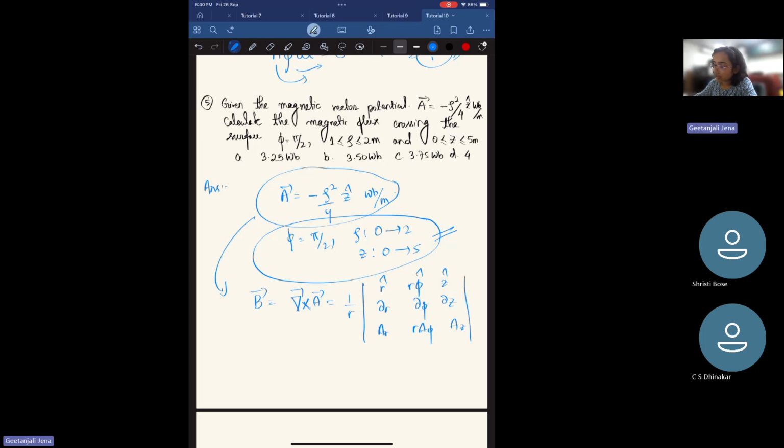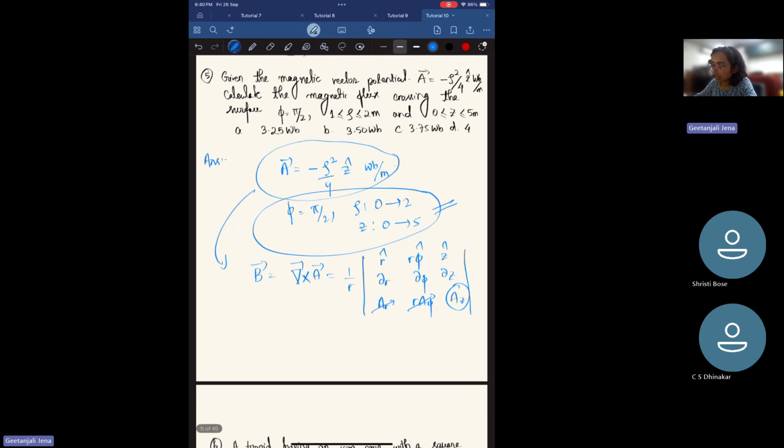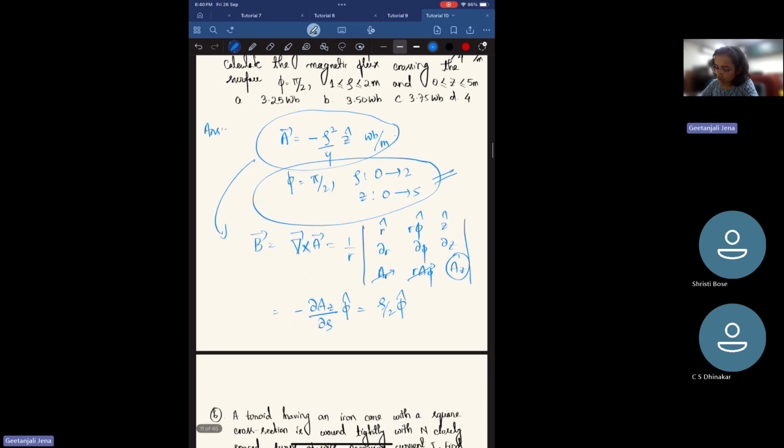So if you put the expression, only A z is given, these two are zero. So here you will get curl of A as minus dou Az by dou rho phi cap. So this will give rho by 2 phi cap. So we know B now.